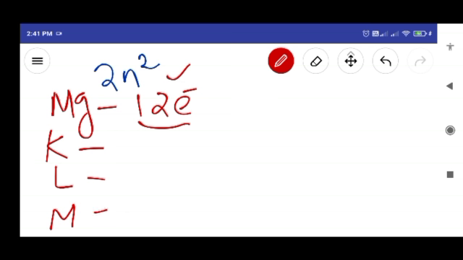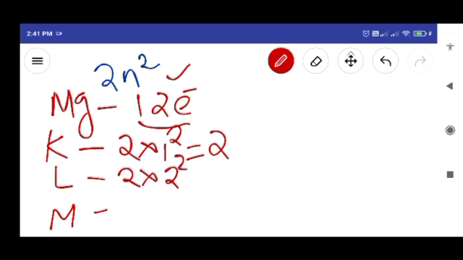In K shell, the first shell, how many electrons can be accommodated? 2 into 1 square, that is 2. L shell, 2 into 2 square, 2 square is 4, into 2, 8. So if we distribute, we'll draw that.